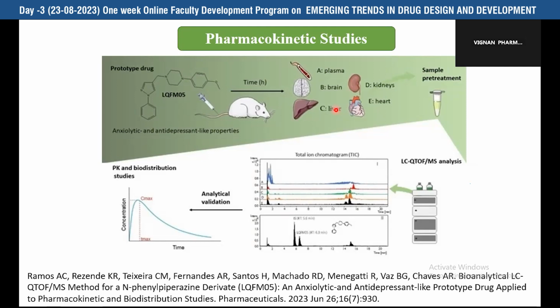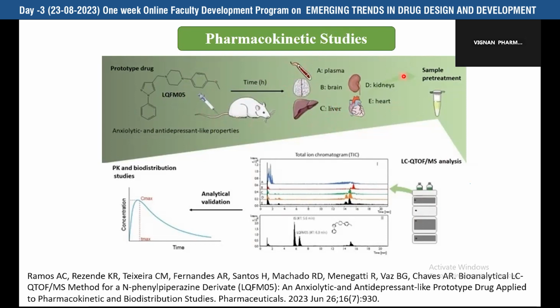Again, as we told in the beginning, when the drug is collected from the animal, we cannot directly inject it into the HPLC. We are supposed to adopt a different extraction method, depending on whether the drug is present in the plasma, brain, liver, kidney or heart.